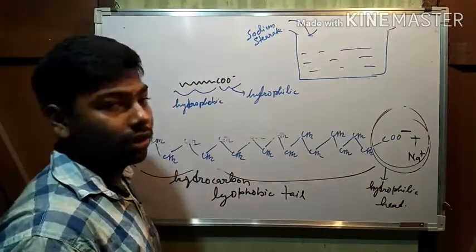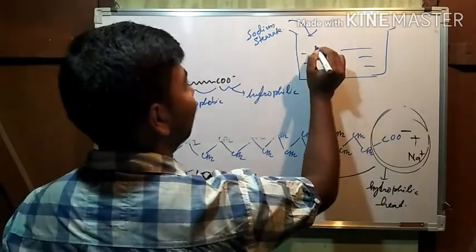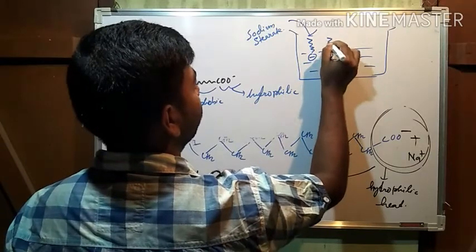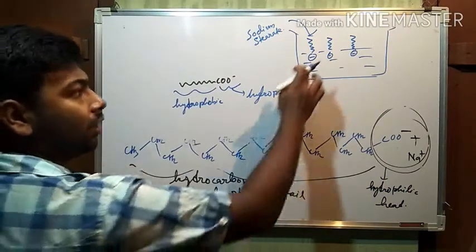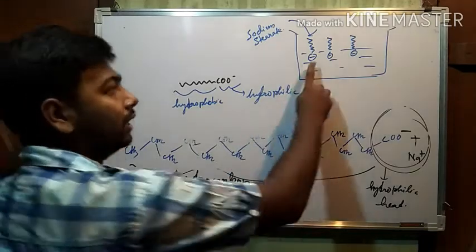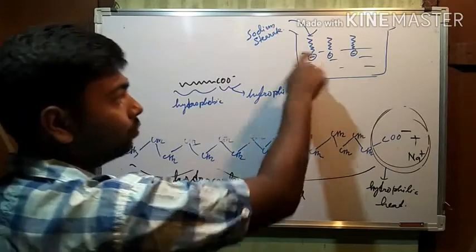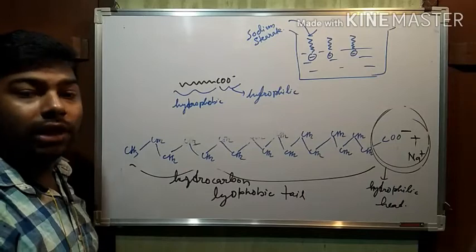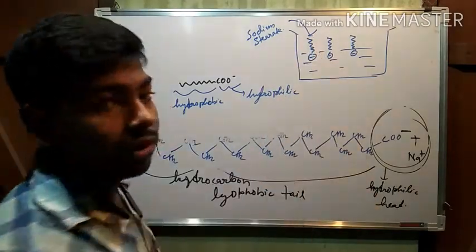Suppose I am taking a low concentration, so I am using only 3 molecules. Now see, this is the hydrophilic head, that means water loving. That's why it is attached with the water. But this tail is hydrophobic, that means it repels the water. That's why these are not attaching with the water.